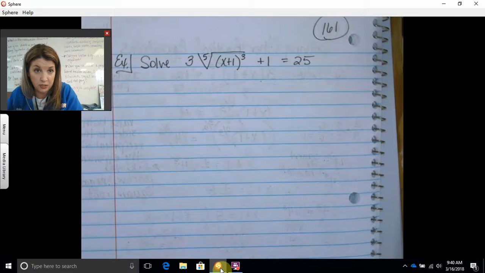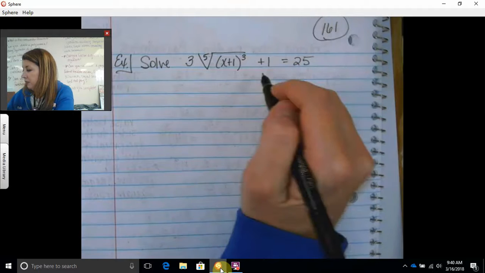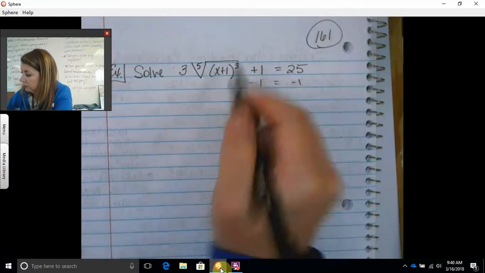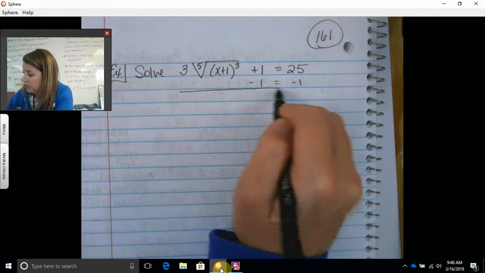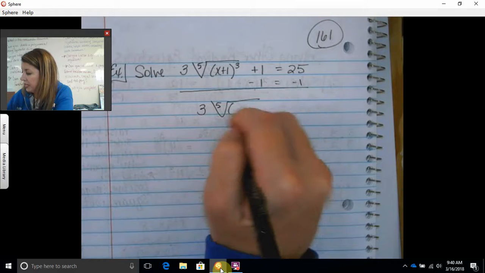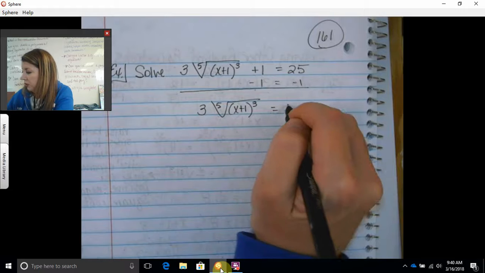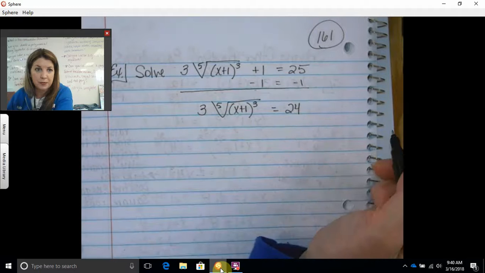Okay, so this time we do have a radical. All right, we learned how to solve radical equations last class. What do you think we do first on this one? We can divide by 3. Yeah, subtracting 1 will be easier. So we have 3 times the 5th root of x plus 1 quantity cubed equals 24.